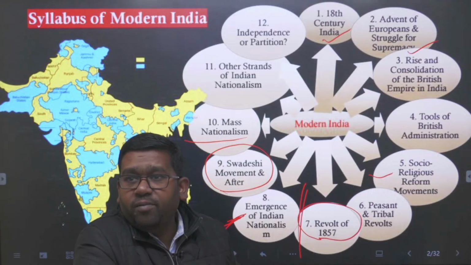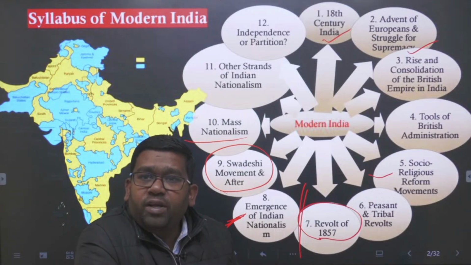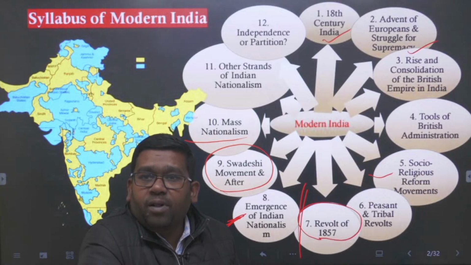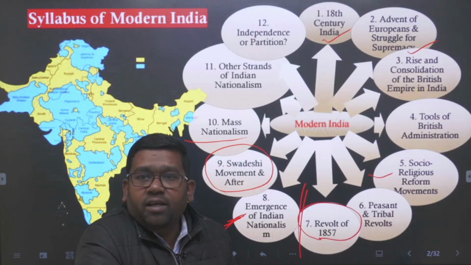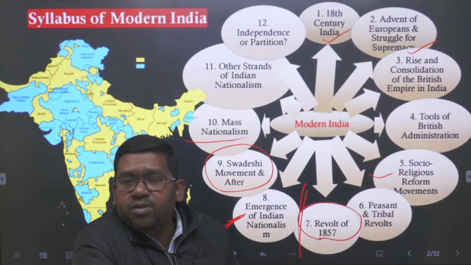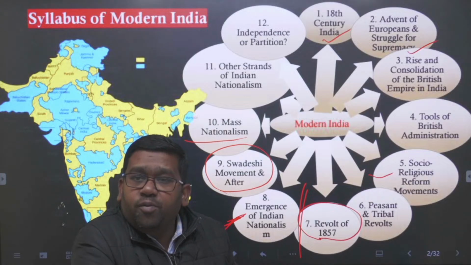Can you remember the names of some of the women who played a very crucial role in India's struggle for independence? We have Kamala Nehru, Kasturba Gandhi, Aruna Asaf Ali, Sucheta Kripalani, Annie Besant, and Sarojini Naidu. These are the important women who played a very crucial role, along with Vijaya Lakshmi Pandit and others.